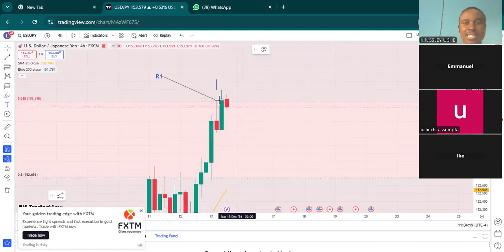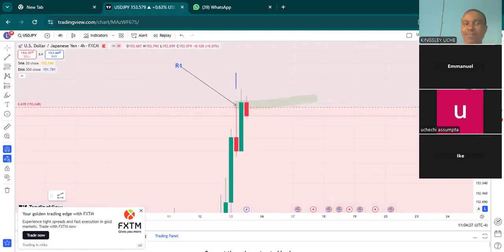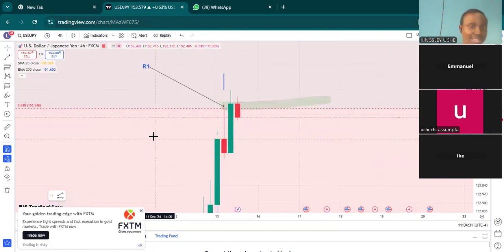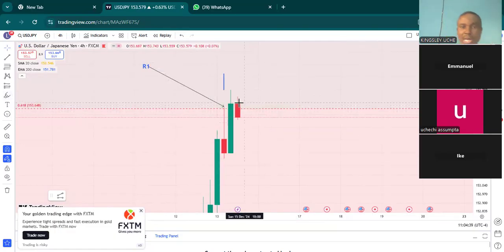But at the moment you can see the market is going down. And did you notice something there? You can see on this 4 hours candle, what are we seeing? We are seeing another wick and a bearish candle.